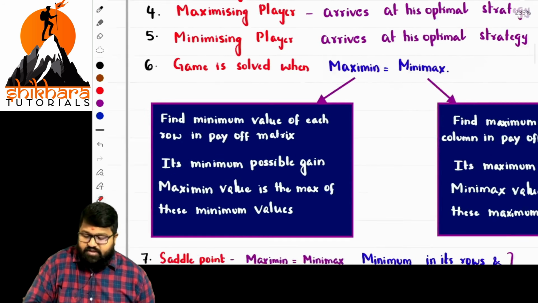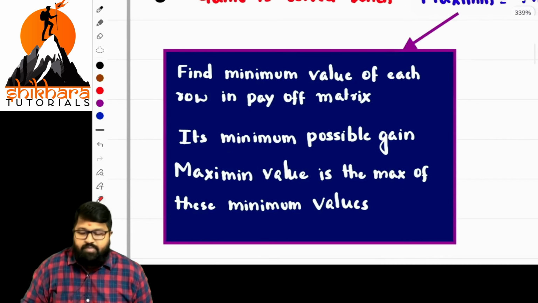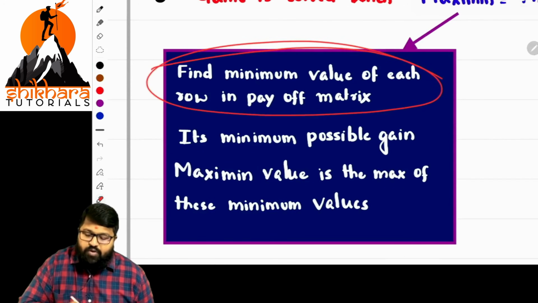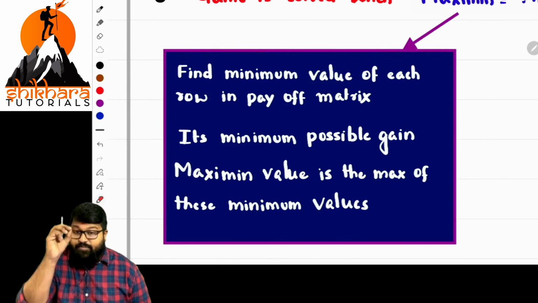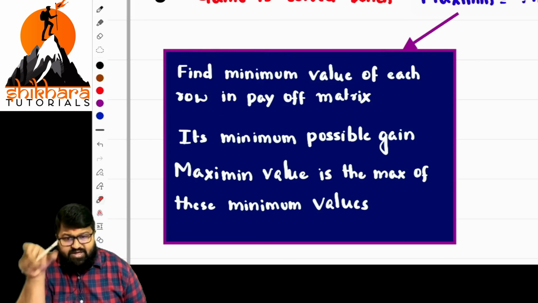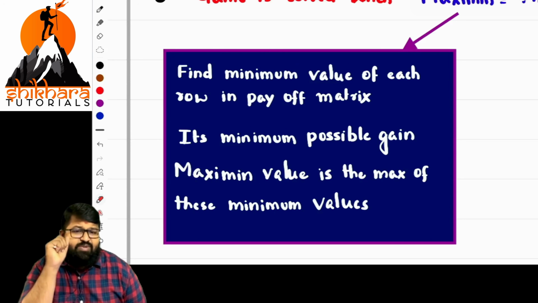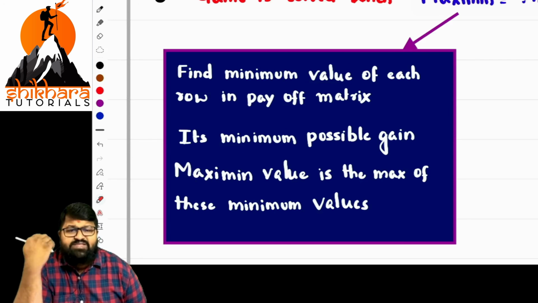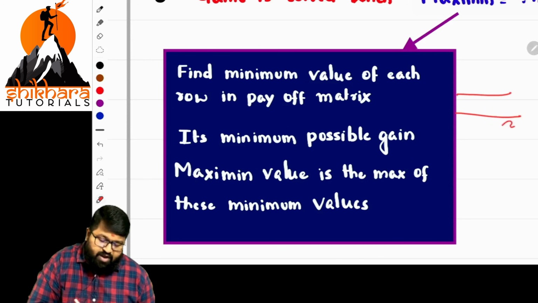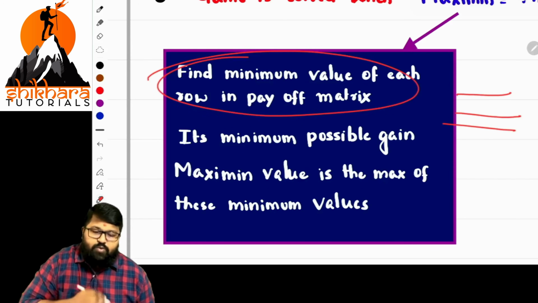Okay. So now, the very first important step is to find the minimum values of each row in a payoff matrix. For a pure strategy, the very basic step is that you have to represent the matrix in table format, and you have to represent the maximizing player and minimizing player. The minimizing player is nothing but minimizing loss, and the maximizing player is maximizing gain. That is the main point. First, for rows, we have to find the minimum values.